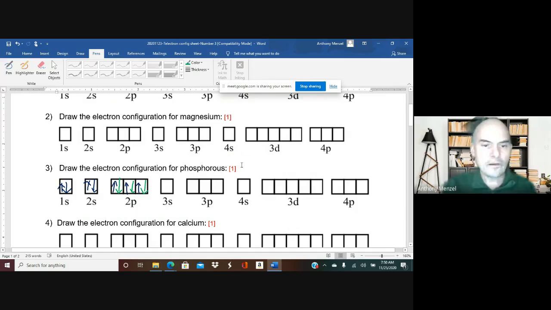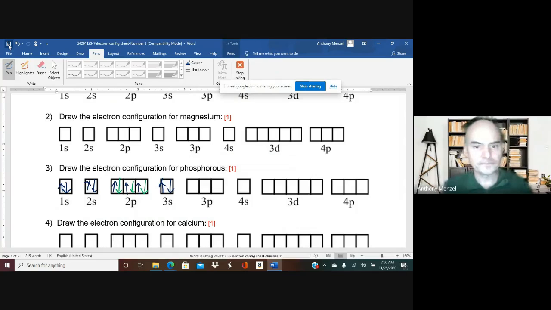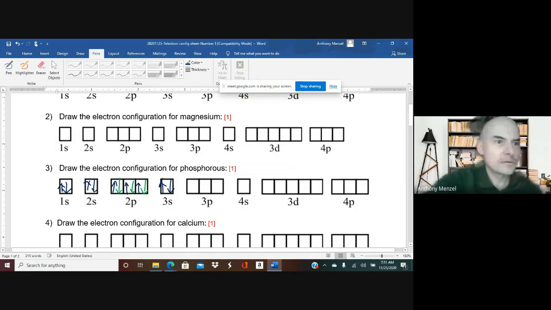So now, to make the 15 for phosphorus, we're going to add in another 2 here in our 3s. So again, following Pauli exclusion, it's up and down, opposite spins. And now we need 3 more. So this is the 3p. So the first thing we have to do, we have to follow our empty bus seat rule.